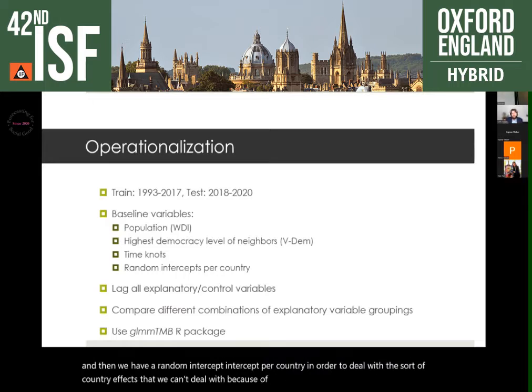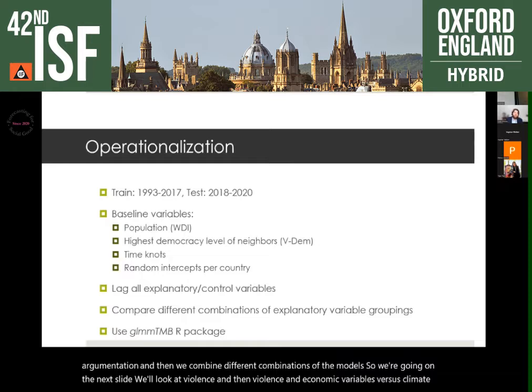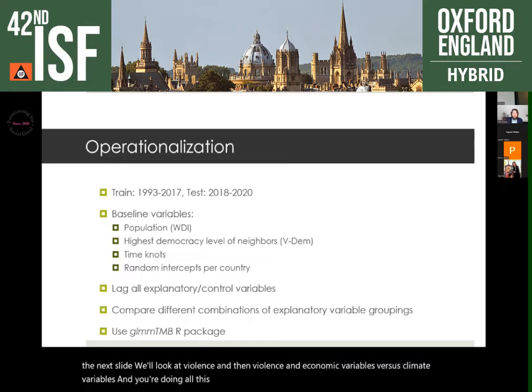And then we lag all the explanatory variables by 1 to try to create some level of causality argumentation. Then we compare different combinations of the models. On the next slide, we'll look at violence, and then violence and economic variables versus climate variables. In doing all this, we use the glmmTMB R package throughout.